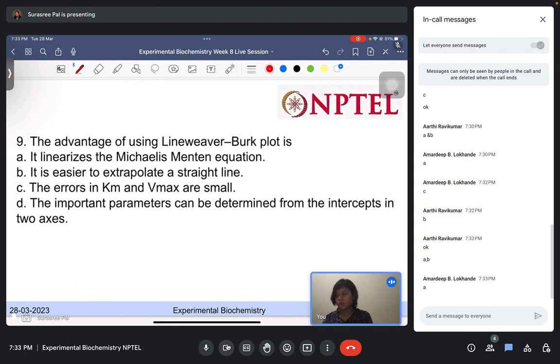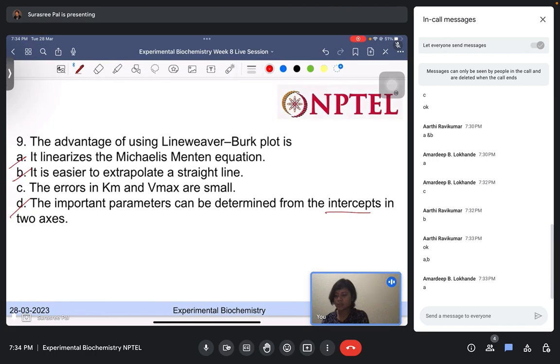Okay, so the correct answer is in the Lineweaver-Burk plot. Not only does it linearize the Michaelis Menten equation, but since it becomes linear, it is easy to extrapolate a straight line. So we can extrapolate certain values, and also important parameters like the Km and Vmax can be determined from the intercepts of the two axes, right?